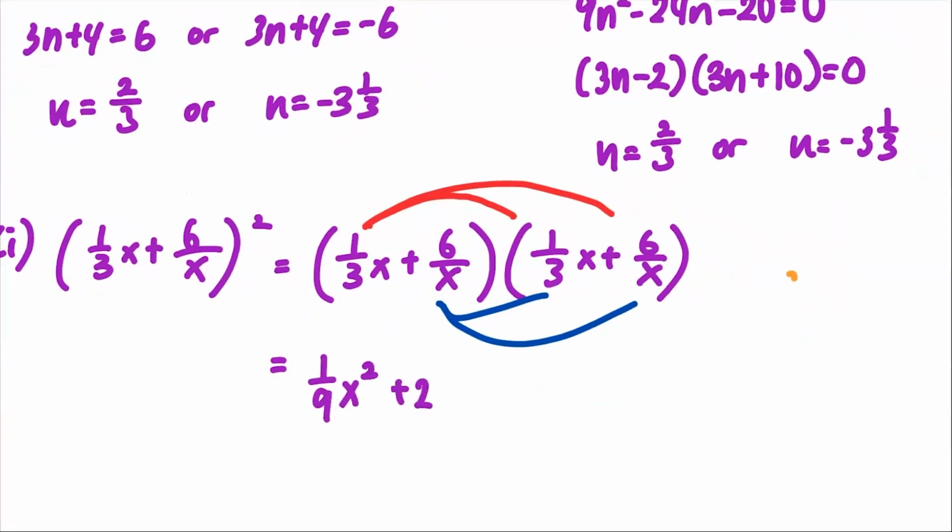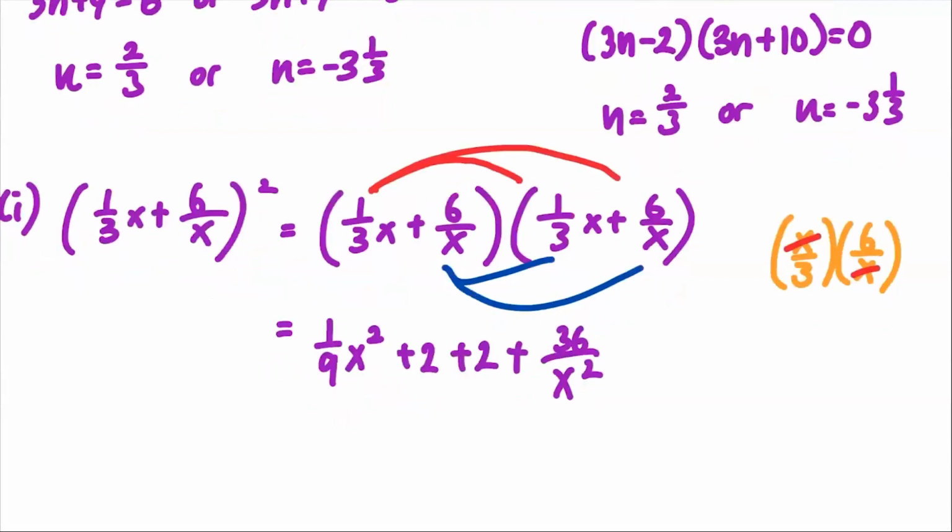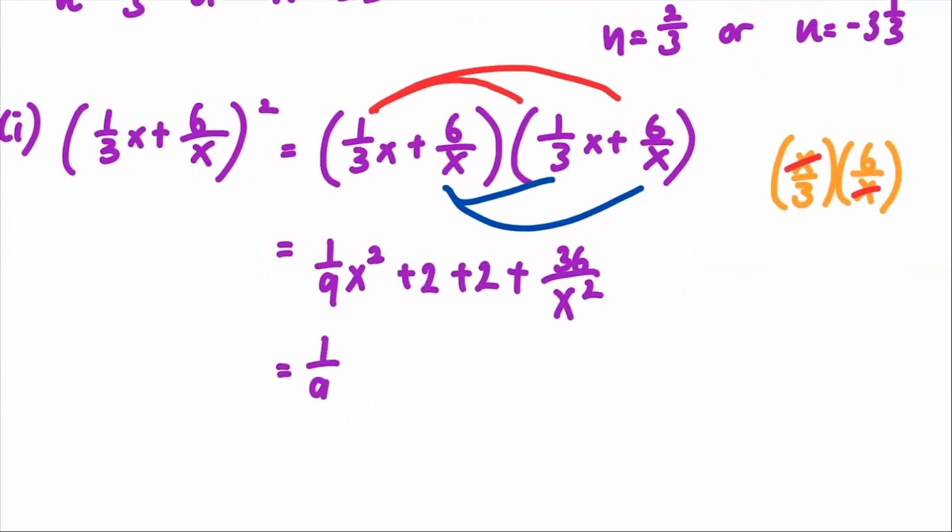The x and 3 cancel with the 3 and x, and you get 2. Understand? 6/x times 1/(3x) is also 2. 6/x times 6/x is 36/x squared. And we're done: 1/(9x squared) plus 4 plus 36/x squared.